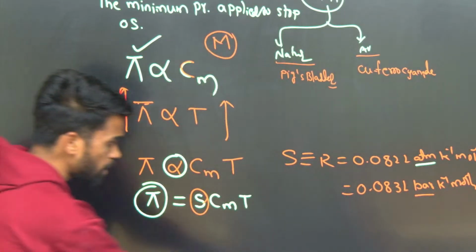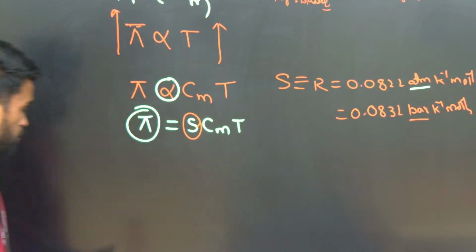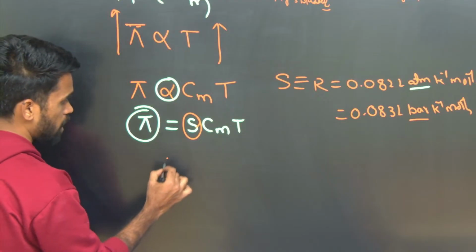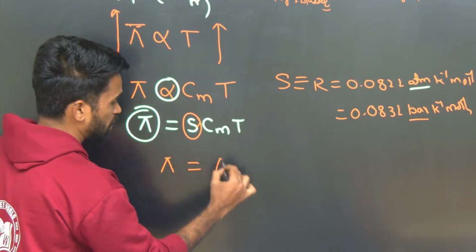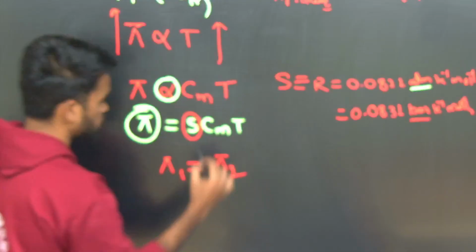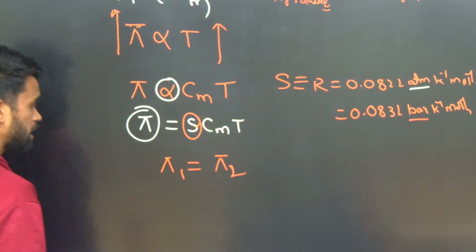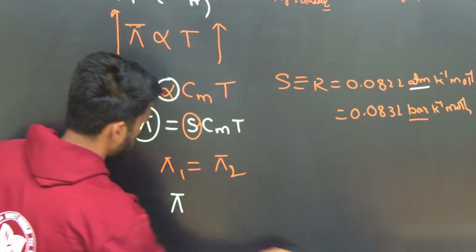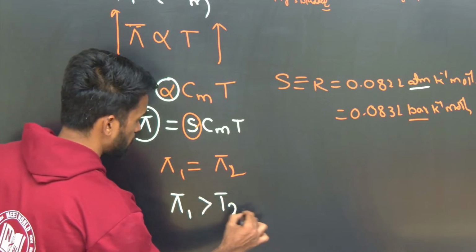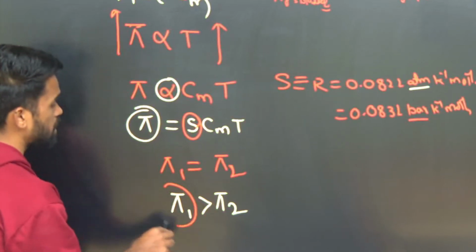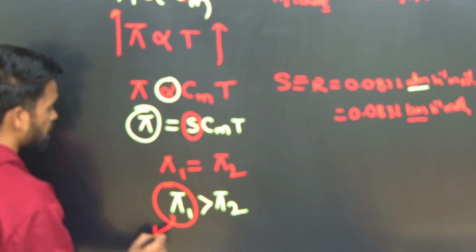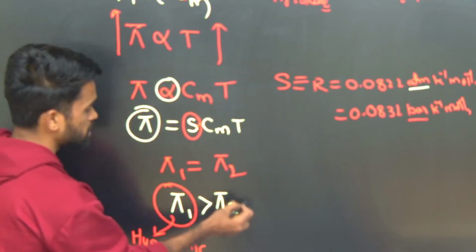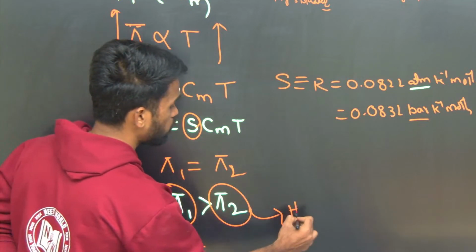Okay, that's it. Now let me give you a few more examples here. If the osmotic pressure of two solutions are equal, we call them isotonic solutions, pi 1 equals pi 2. And in some cases, the osmotic pressure of one solution will be greater than the other. Say pi 1 is greater than pi 2. The one which has greater osmotic pressure is called hypertonic solution, and the one which has lower osmotic pressure is called hypotonic.